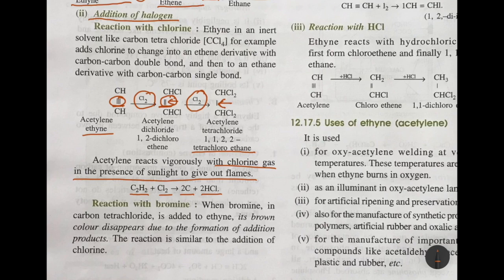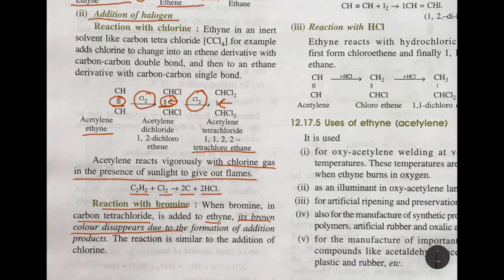Okay, so reaction with bromine. When bromine in carbon tetrachloride is added to ethyne, its brown color disappears. You may get this question: what is your observation when bromine is added to ethyne? So what will your observation be?